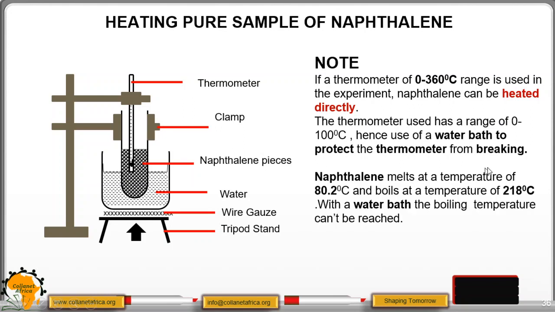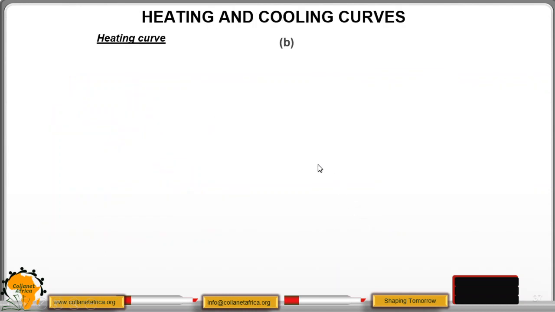Naphthalene melts at a temperature of 80.2 degrees Celsius and boils at a temperature of 218 degrees Celsius. With a water bath, the boiling temperature cannot be reached, and that protects the thermometer from breaking. Here we have the heating curve.